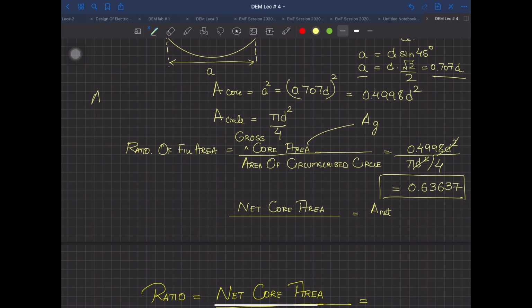The relationship was A net equal to stacking factor multiplied by AG. And that stacking factor can be from 0.85 to 0.99 or 0.95. It's totally up to you. So normally in your book on page number 216, they have taken this A net.